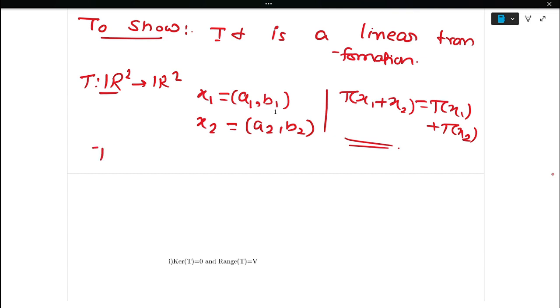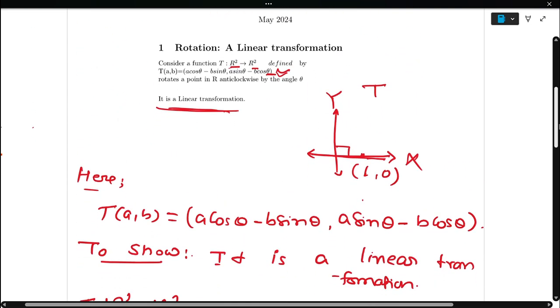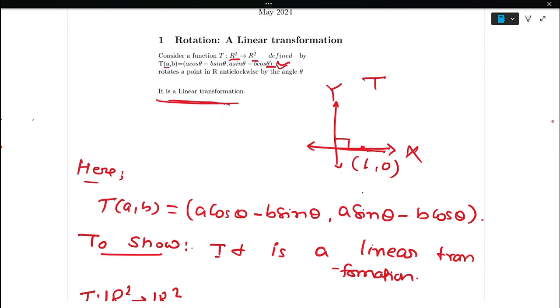So T(x1 plus x2) means T of x1 plus x2, which is (a1 plus a2, b1 plus b2). Now by the definition of this function, the first coordinate is multiplied by cos theta minus the second coordinate multiplied by sin theta.